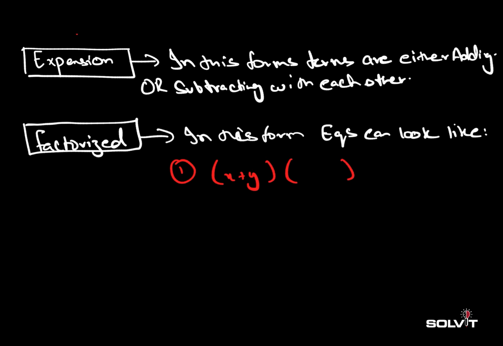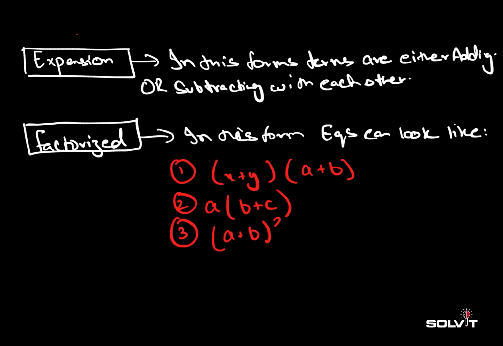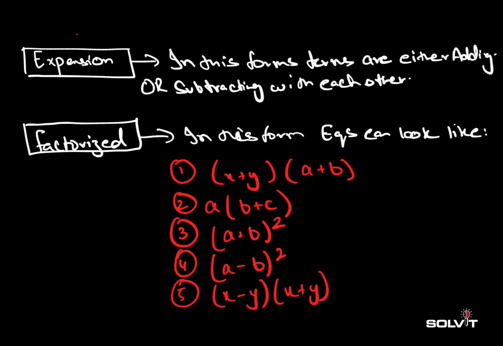Let's suppose this is x plus y, this is a plus b. Let's suppose one number outside a bracket is being multiplied. A bracket with a whole square is also a factorized form. A bracket with a whole square and a negative sign can be a factorized form. And two brackets with the same elements but different signs can also be in factorized form.